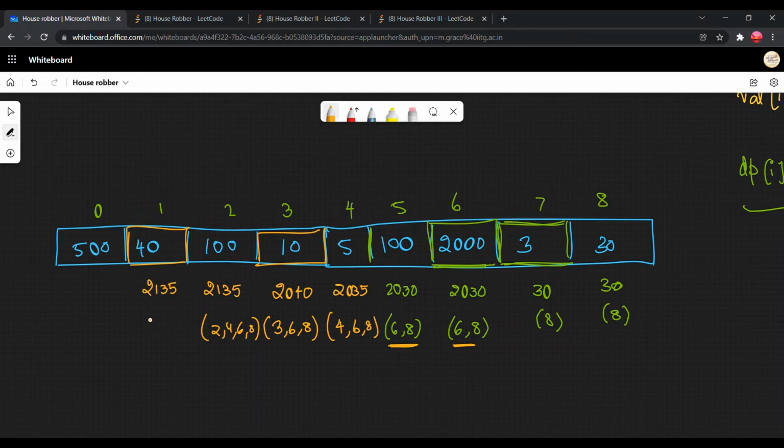So now it's 2, 4, 6, 8, and those 4 are finalized. These will be in the final list. He comes to 500, and he can either decide for 500 plus 2135 or just 2135, and of course he's going to go for 500 plus 2135, which is 2635. So he's going to load this one: 0, 2, 4, 6, 8.